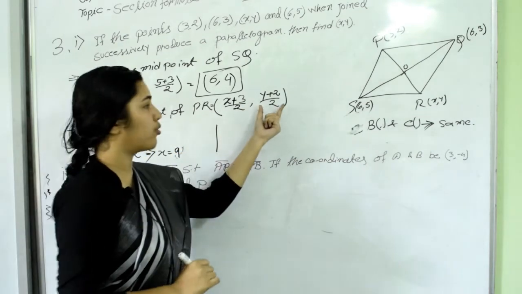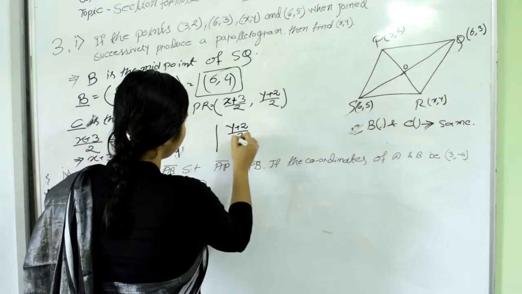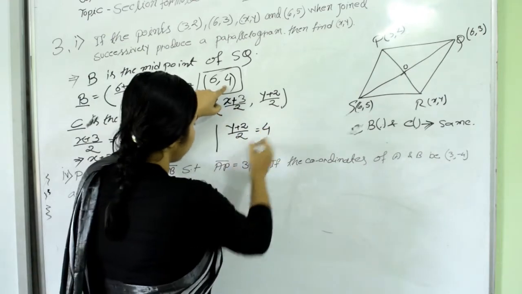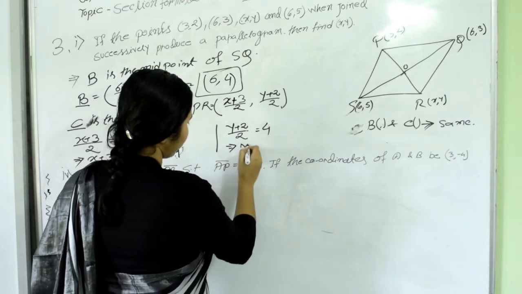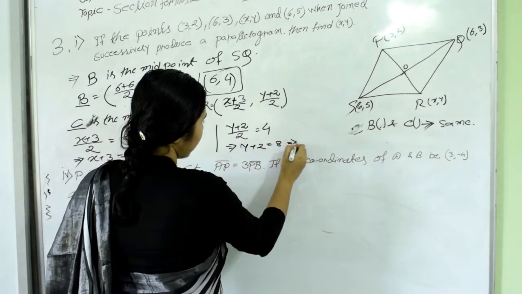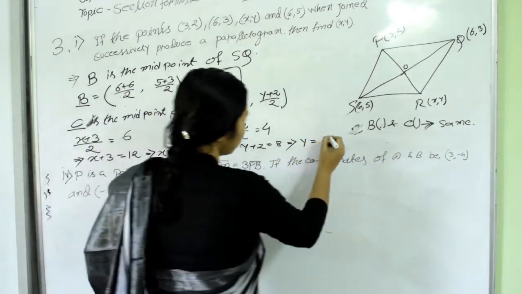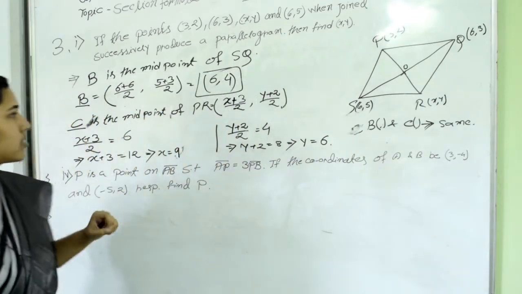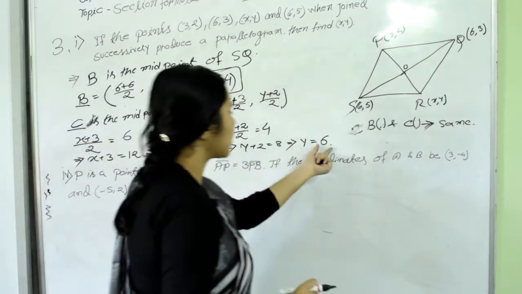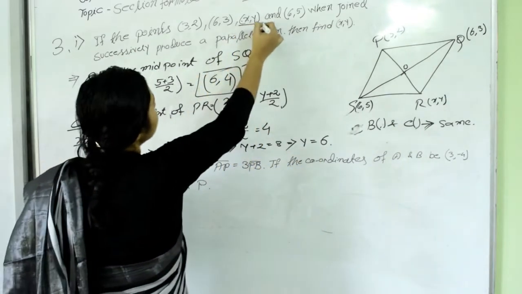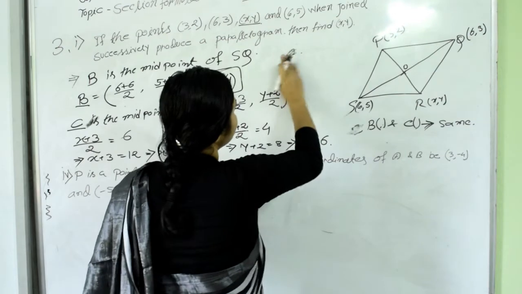And also equate the ordinate of these 2 points, which is (y + 2)/2 equals 4. Again cross multiply, so 2 times 4 is 8, y + 2 equals 8, implies the value of y equals 8 minus 2, which is 6. So hence the values of x and y are 9 and 6, which means the coordinate of the point R is (9, 6).